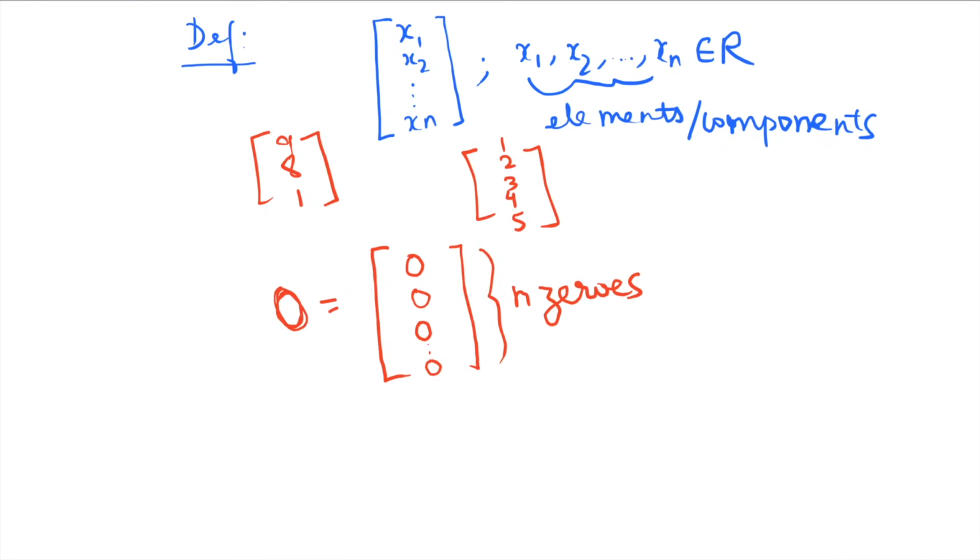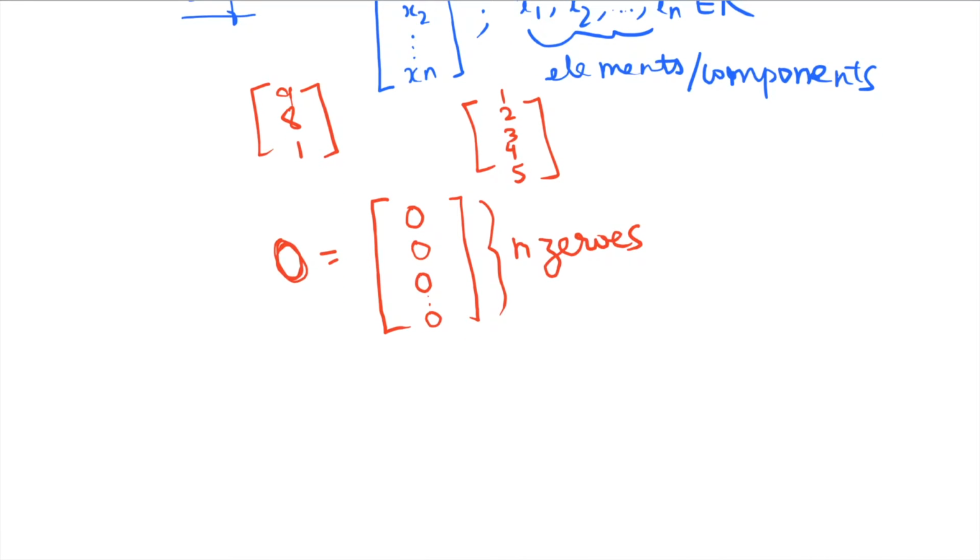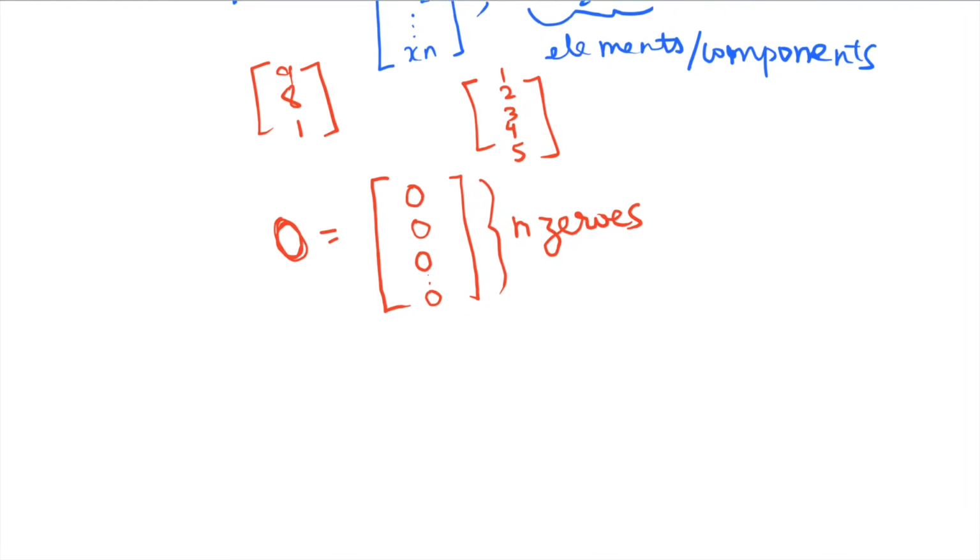In the last lectures, we talked about representing a two-dimensional vector in the xy plane. This xy plane is also called the two-dimensional Euclidean plane.